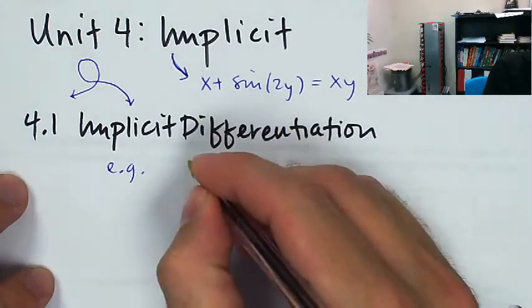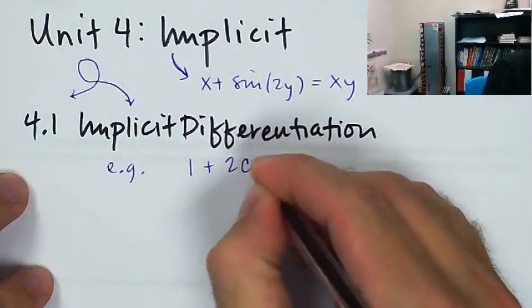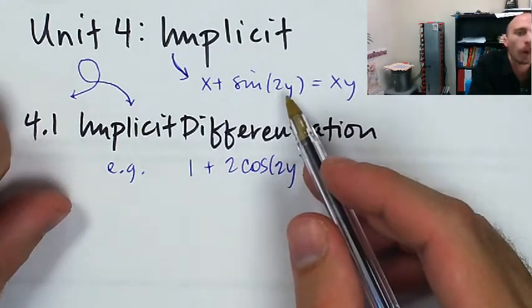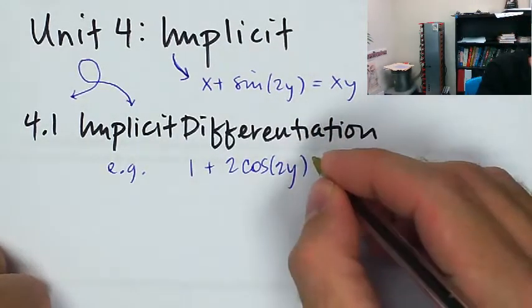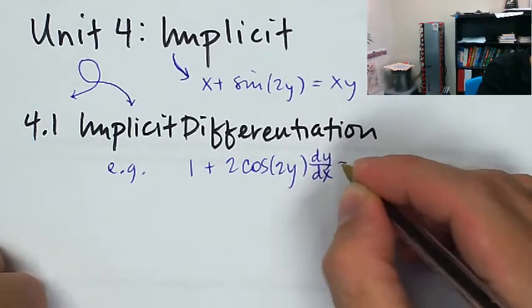The derivative of x with respect to x is 1, but the derivative of sine of 2y is 2 cosine 2y. But since we're taking the derivative with respect to x, we consider y as a function of x, so for the chain rule we multiply by the derivative of y with respect to x.